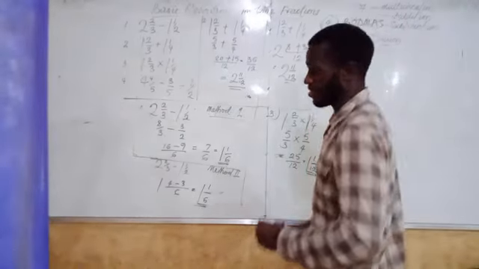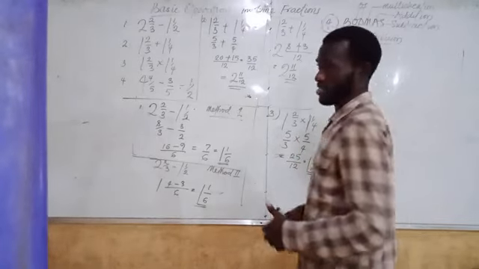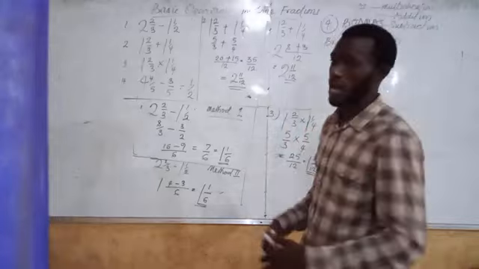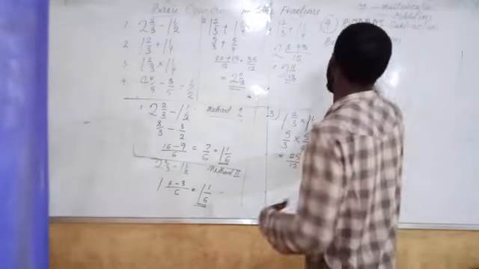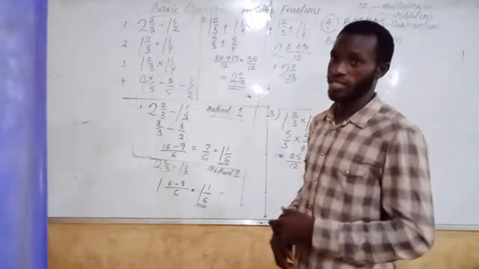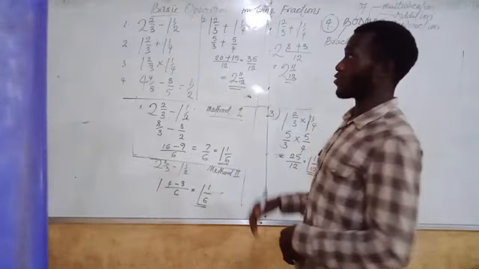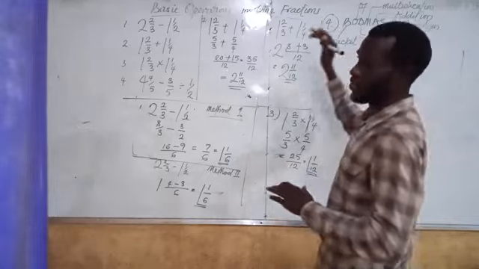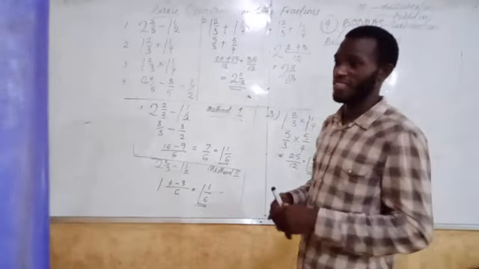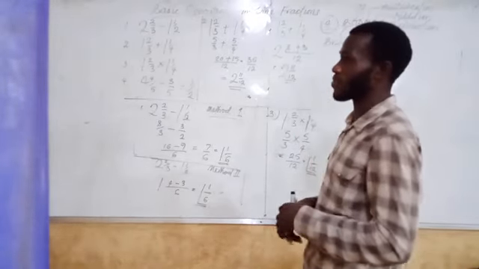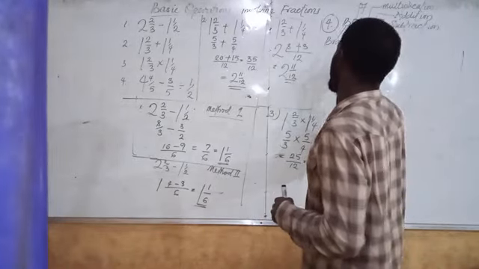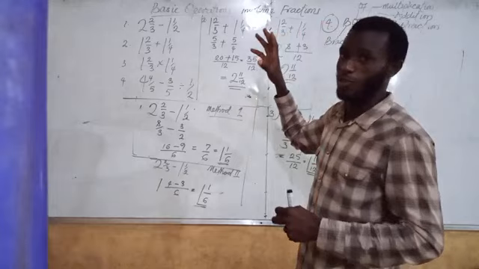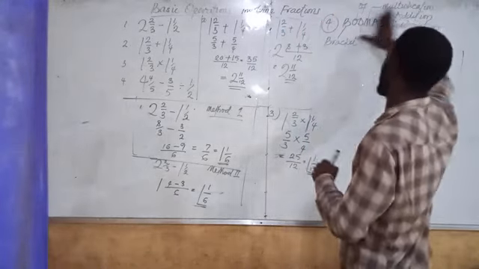Think of it as power. The bracket has more power, so it's going to be attended to first. Then of has the next power. Then division is next in the hierarchy of power. So it's like the hierarchy of their powers, their significance, or would I say their relevance. So we give them priority in this direction.